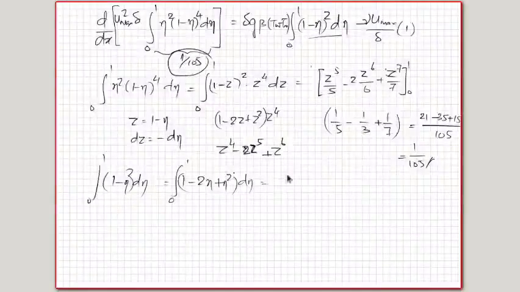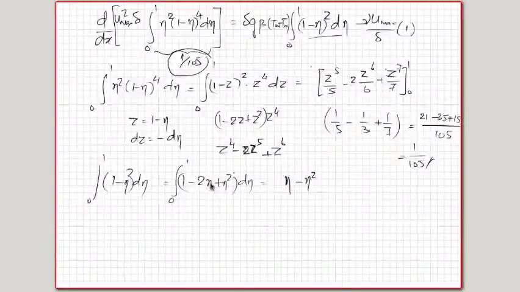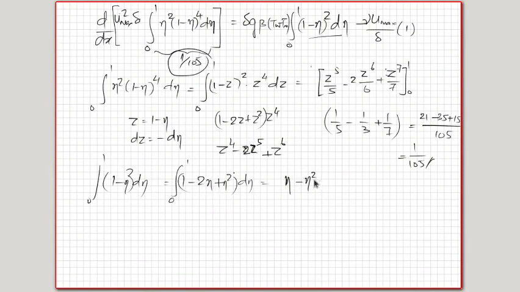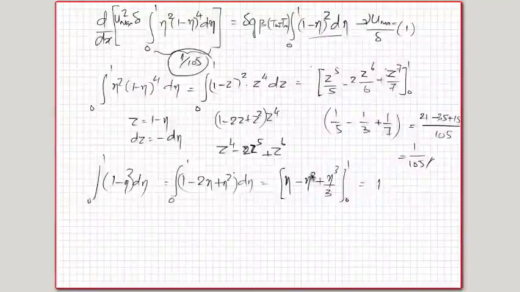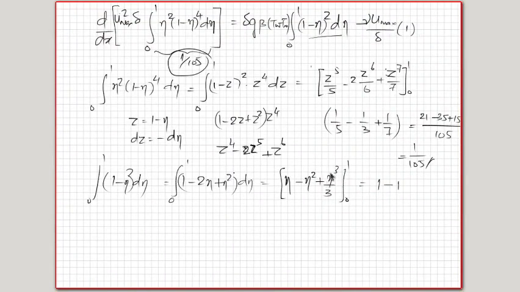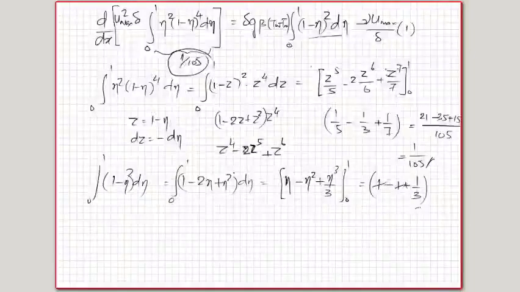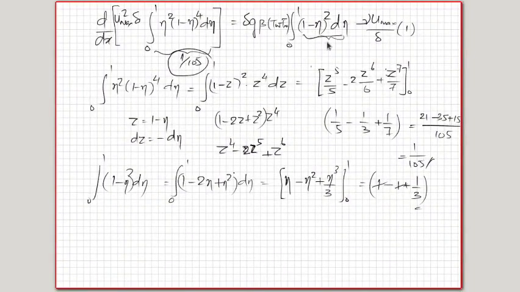This will become eta minus eta square, since 2 into eta squared by 2, the 2 will get cancelled, plus eta to the power of 3 by 3, between limits 0 to 1. So this will become 1 minus 0, this will also become 1 minus 0, and this will become plus 1 by 3. The 1 and 1 get cancelled, so it becomes 1 by 3. So this gets integrated to 1 by 3.